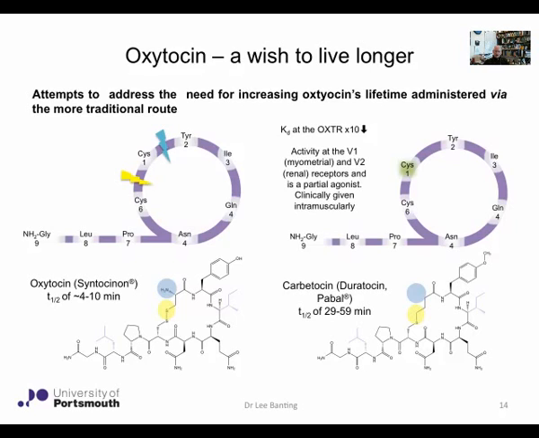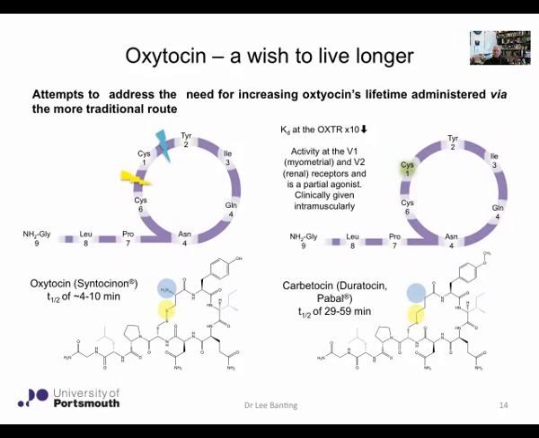However, the receptor action is down, and at the vasopressin receptors V1 and V2, there's a myometrial component and a renal component, and V1 and V2 act in those areas.